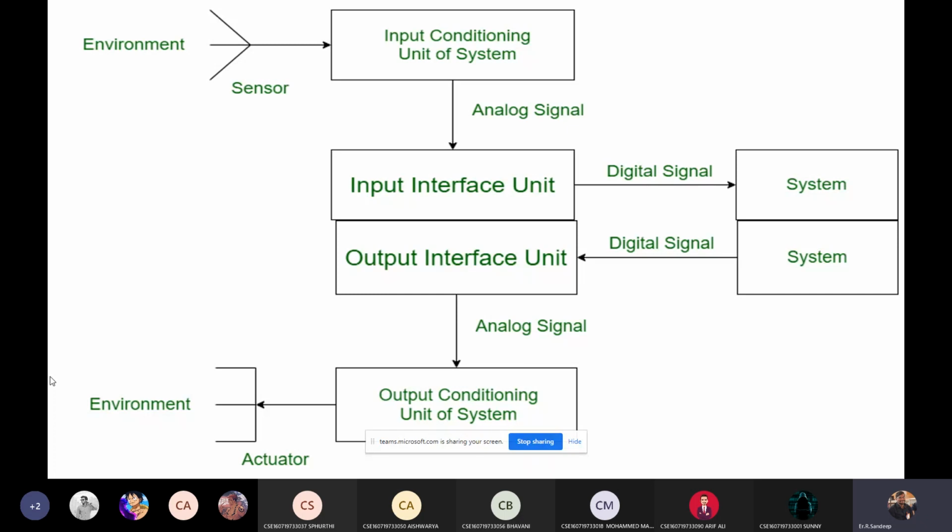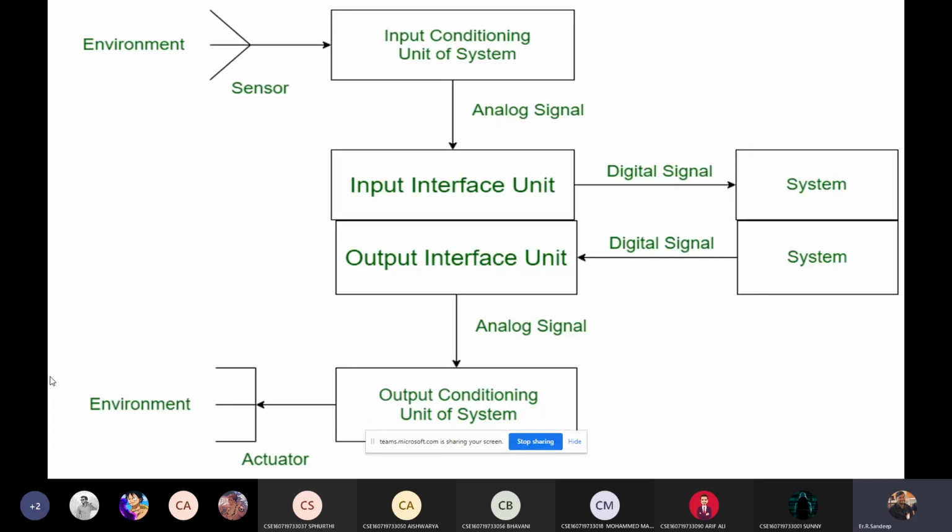So this process, technically we can call it encoding. Encoding is a process of converting one type of signal into another type of signal. In internet terminology, we can call it modulation. So modulation and demodulation will be there. Modulation means we convert an analog signal into a digital signal, and vice versa, a digital signal is converted to an analog signal.